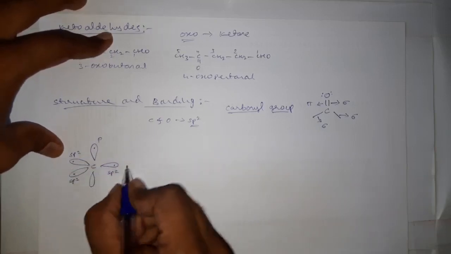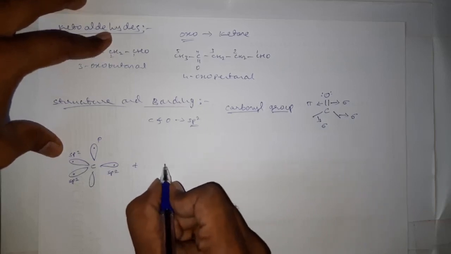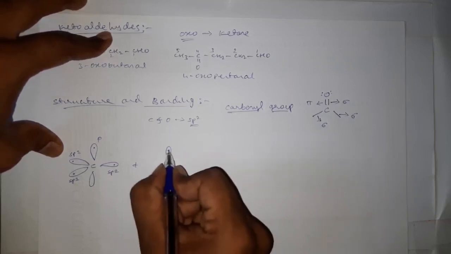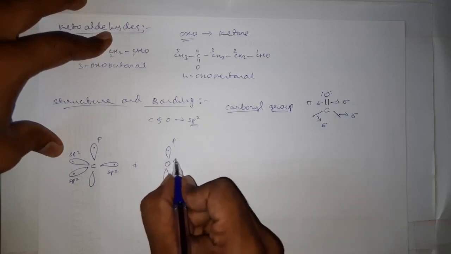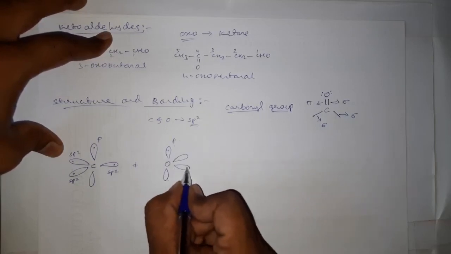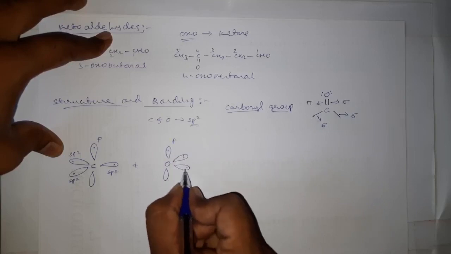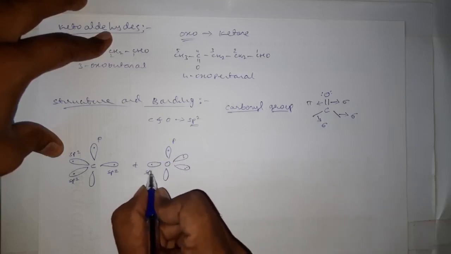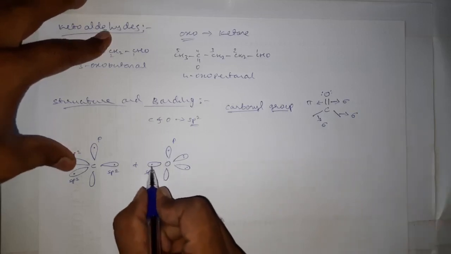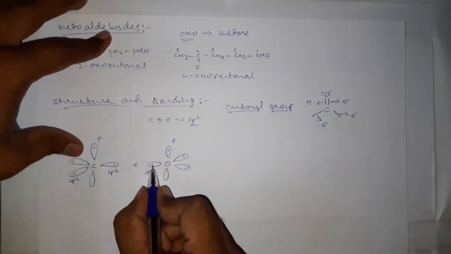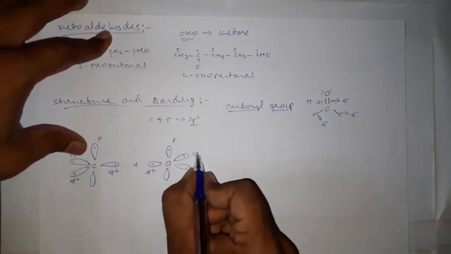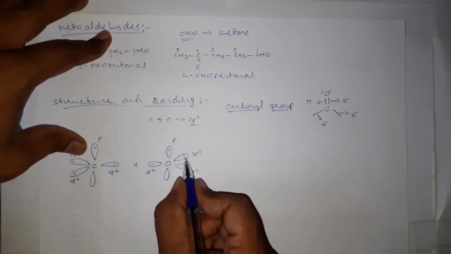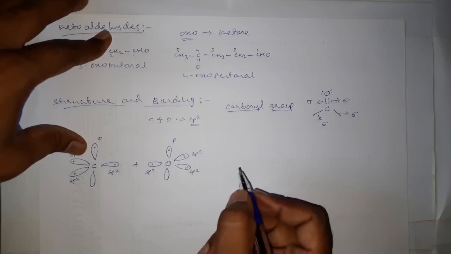This is for carbon, and we have 1 oxygen. Here also 1 unhybridized p orbital is there, and 3 sp2 hybrid orbitals are there. In those 3 sp2 hybrid orbitals, 1 hybrid orbital has an unpaired electron, that is a single electron, and two sp2 hybrid orbitals have paired electrons, that means two electrons each.